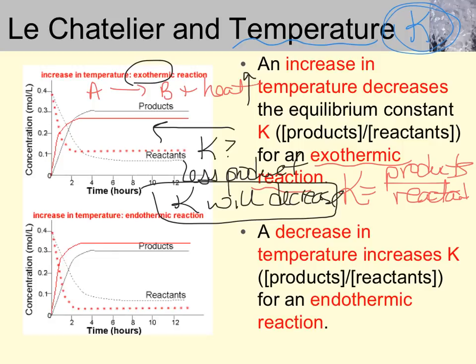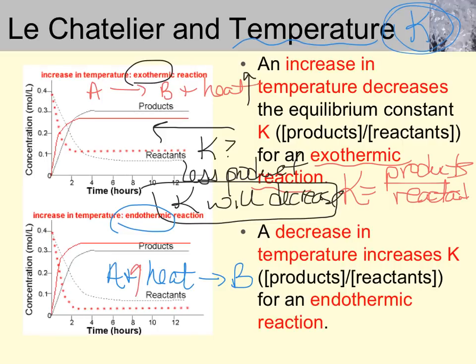So you want to make a note of all these things and make sure you understand them, but also make sure you remember them. Now let's look at an endothermic reaction. That is, we treat heat as a reactant. And what happens if we increase temperature in an endothermic reaction?